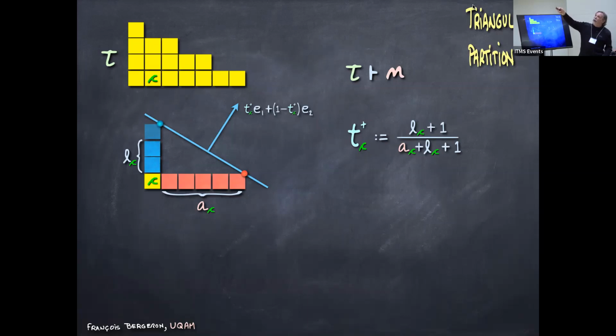So you expand this vector as a linear combination of E1 plus E2 with coefficients that sum up to 1, and TC minus plus is just this number. So knowing this number is just essentially describing what this blue vector here is, and this is the leg of the hook plus 1 divided by arm plus leg plus 1.